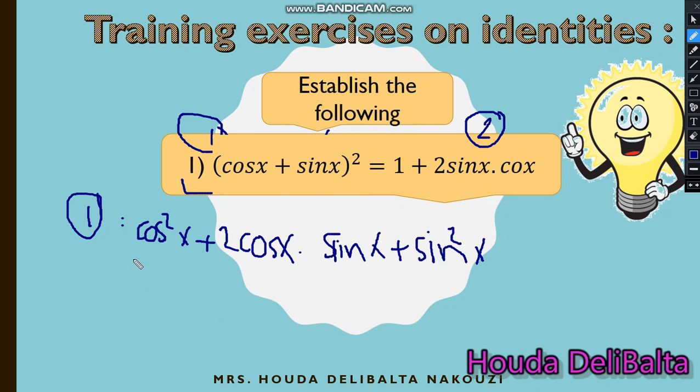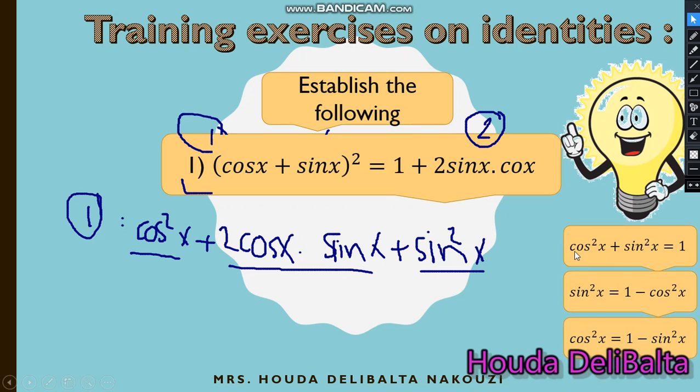Let's continue. So I will get cosine squared x plus 2 cosine x dot sine x plus sine squared x. It starts resembling the second side, but I have to get rid of cosine squared x and sine squared x. 2 cosine x dot sine x is the same as 2 sine x dot cosine x. But I have to have 1 instead of cosine squared x plus sine squared x. How does that happen? Let's remember. The identities say that cosine squared x plus sine squared x is 1.